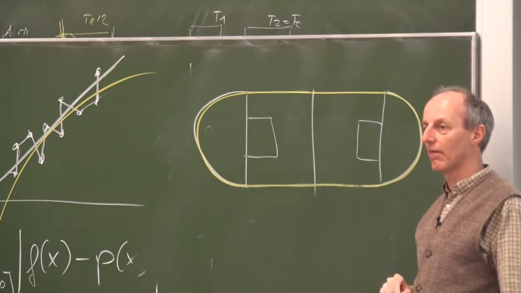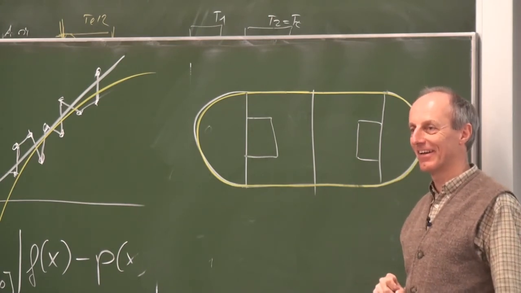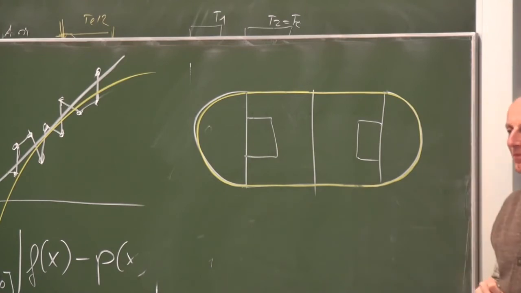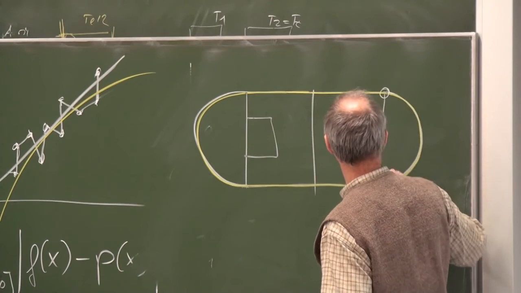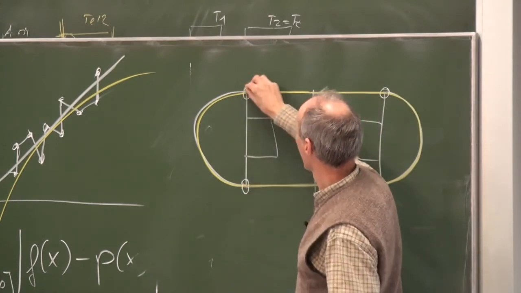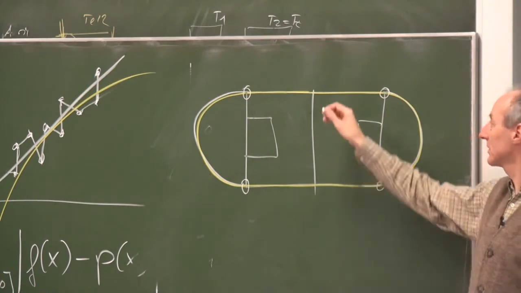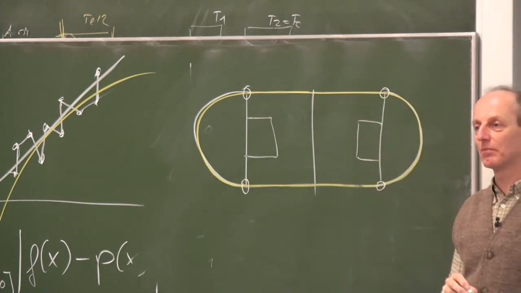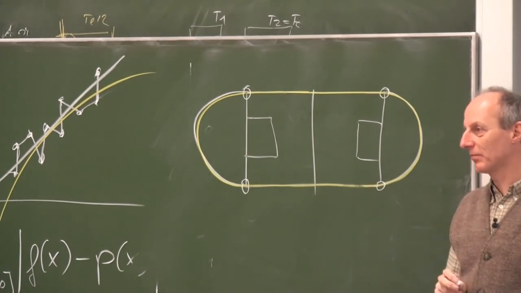Also. But how about the whole thing? The critical points are these four points here. How often is it continuously differentiable here? One time, yeah, that's it.